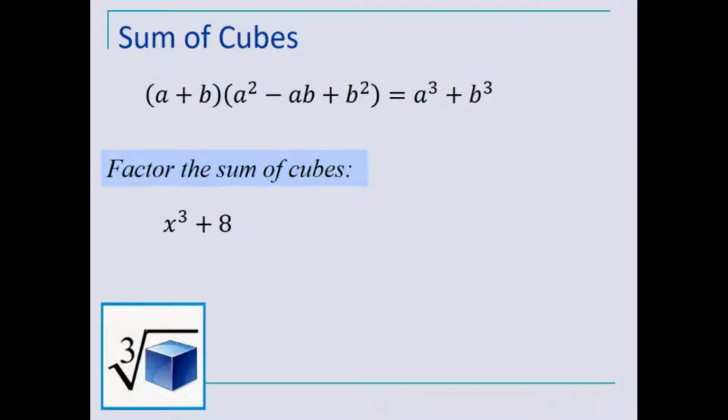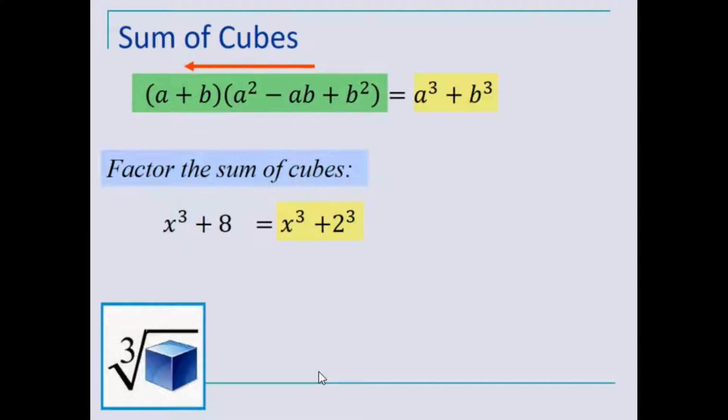To factor it then, since we already have established that 8 is equivalent to 2 to the third power, we can reverse this special multiplication process and factor the sum of cubes using the cube root of the first term and the cube root of the second term to identify the roots.